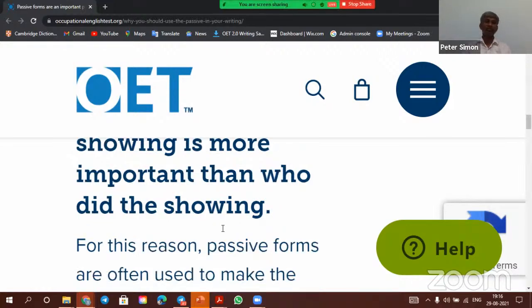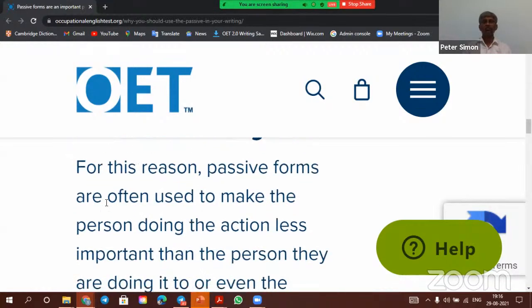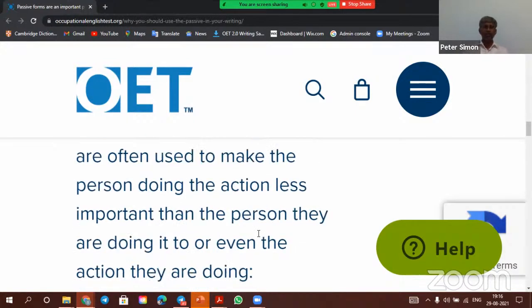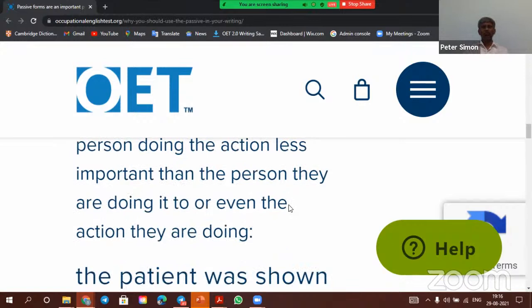The performer is not important. For this reason, passive forms are often used to make the person doing the action less important than the person they are doing it to, or even the action they are doing. So don't even name the patient. Insulin injections are recommended. Finished. I recommended Knowles insulin injections. I is not important, Knowles is not important.